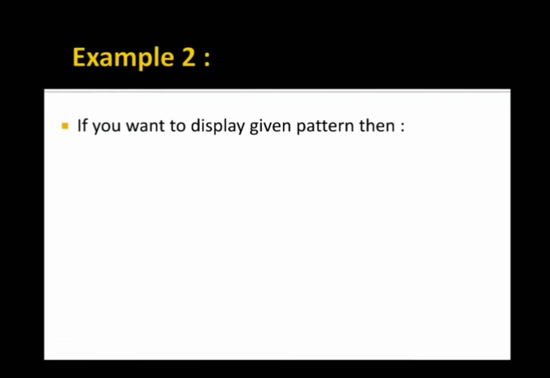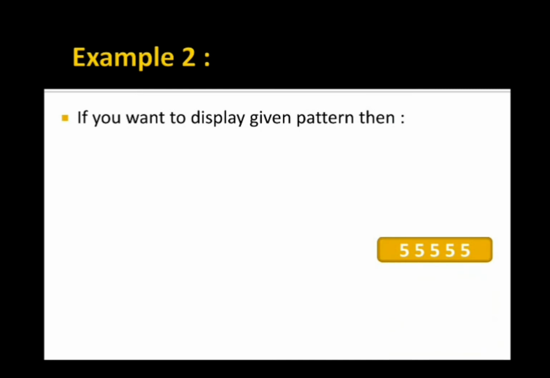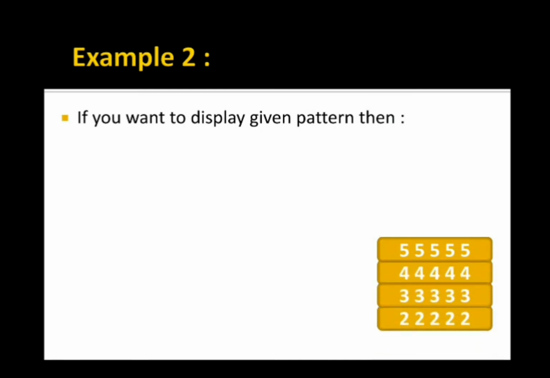Now, if I want to create this pattern, that is 5, 4, 3, 2, 1, but in each and every line, I want to repeat whatever value I am having.